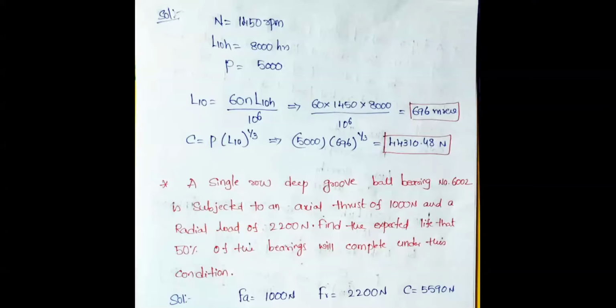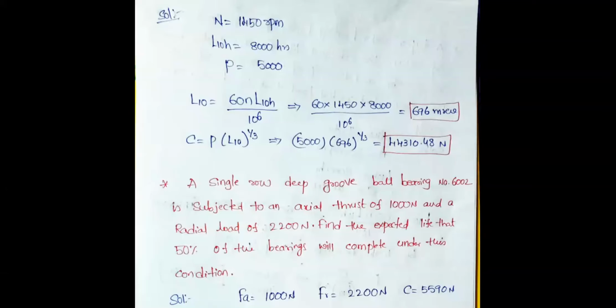In order to calculate the equivalent load, P equal to X into V Fr plus Y into Fa. Those X and Y values depend upon Fa by C0, so the C0 value is required.